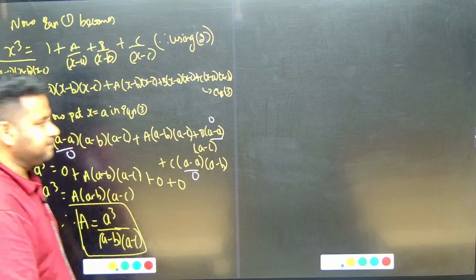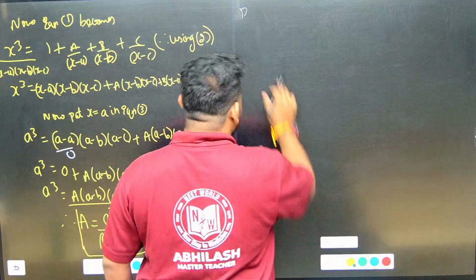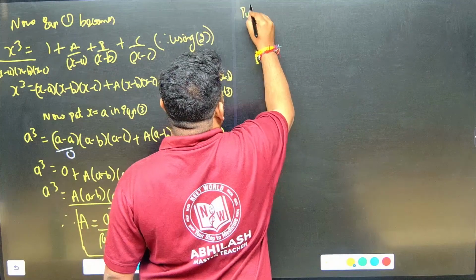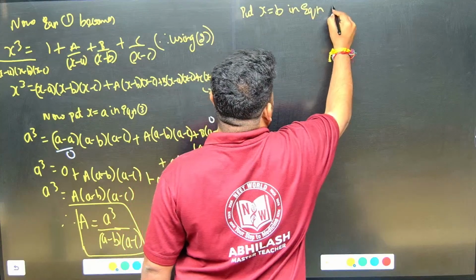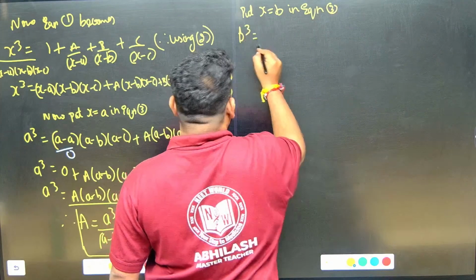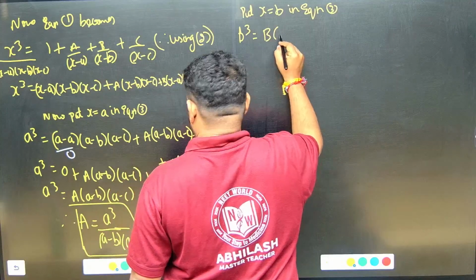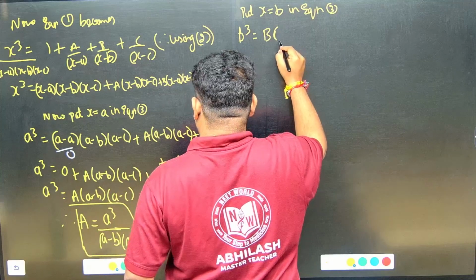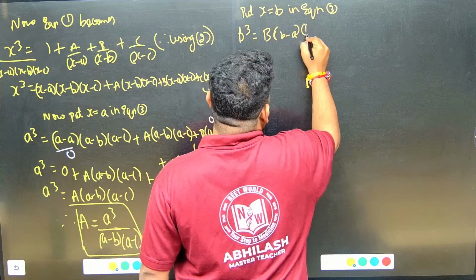Similarly, if you want B, put x is equal to b in equation 3. We get b cube is equal to B into b minus a into b minus c.